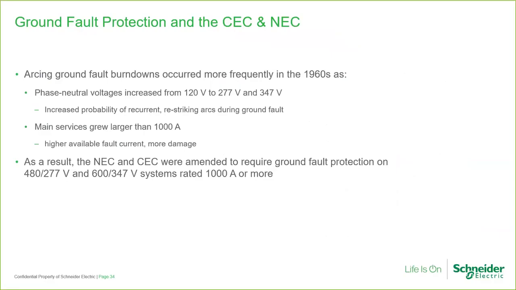As a result, the NEC and the CEC were amended to require ground fault protection on 480Y/277 and 600Y/347 volt systems, solidly grounded, rated 1,000 amps or more. That's where the risk was, and that's why the threshold of requiring ground fault protection starts at 1,000 amps.